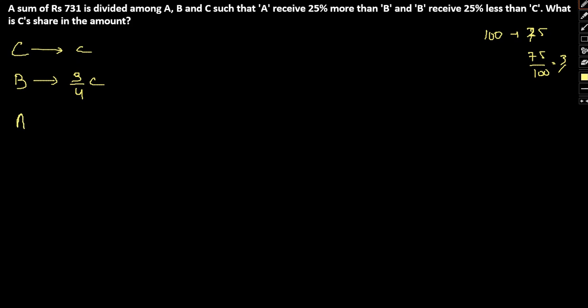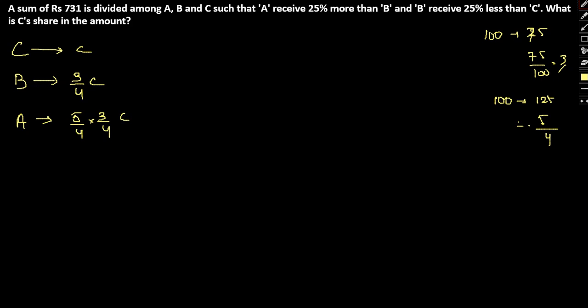Now A receives 25% more than B. 25% more means suppose B is 100, so A receives 125, so therefore A can be written as 5 by 4. So A will receive 5 by 4 into 3 by 4 C. I hope this much is clear.